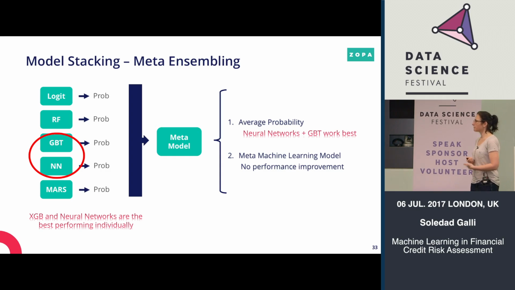So it doesn't make a business improvement big enough to justify the deployment of such a complex model. The reason, potentially, is that all these algorithms are relatively similar. They're quite correlated among themselves.